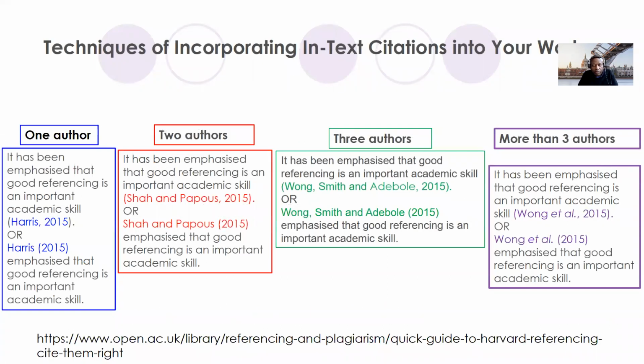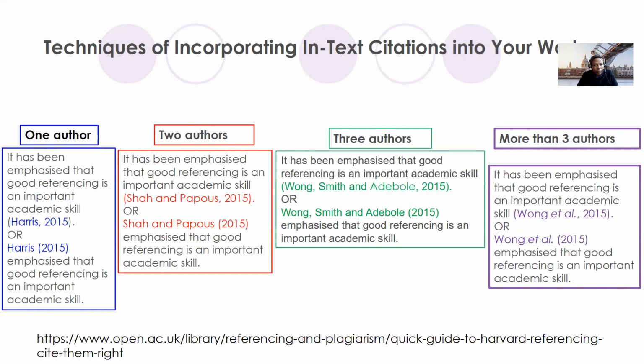Now, for techniques of incorporating in-text citations into your work, we'll first of all have to state some rules. This is what Harvard referencing style states with regards to the number of authors and how you should cite them in text.